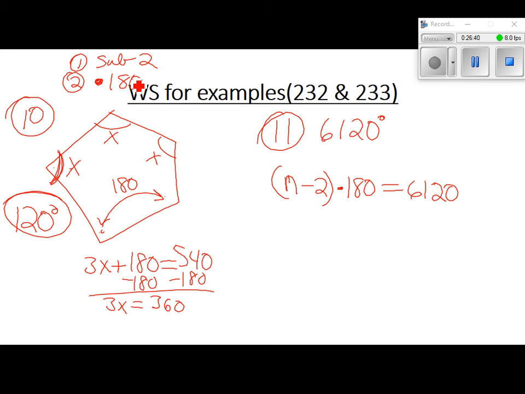Not times by 180. So first step now is divide by 180. And then the second step, add 2. So we're going to take this number and divide by 180. Then we're going to add 2, just working backwards.